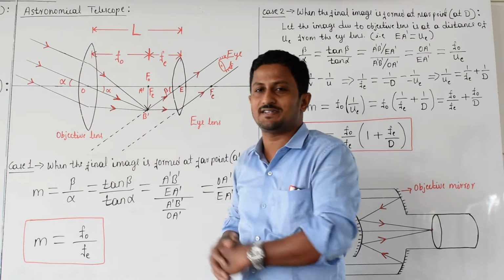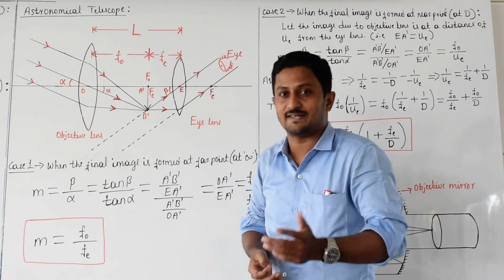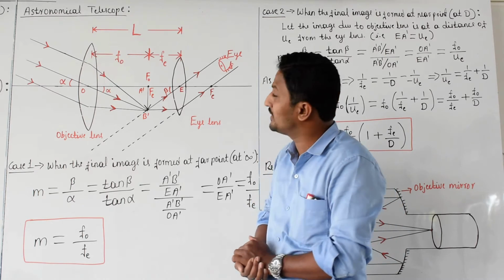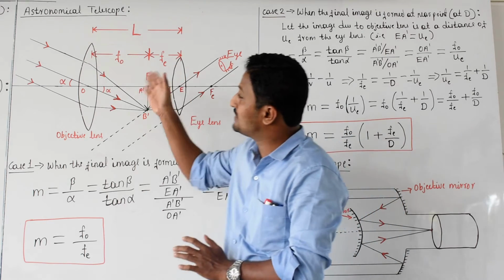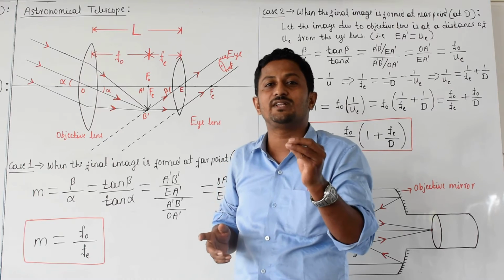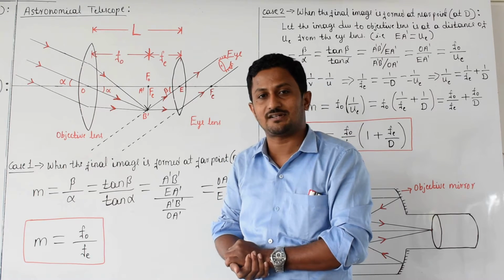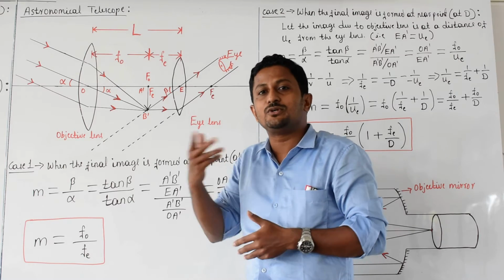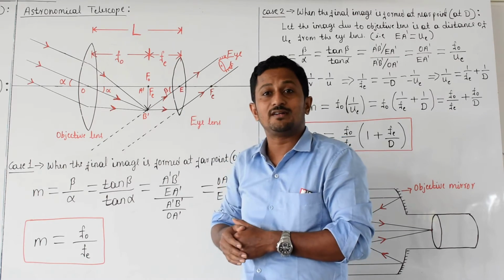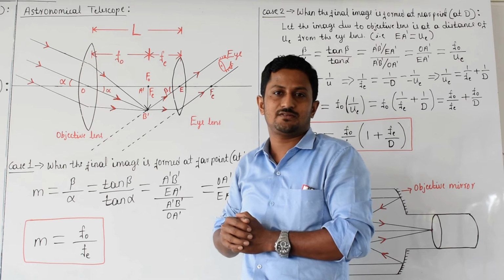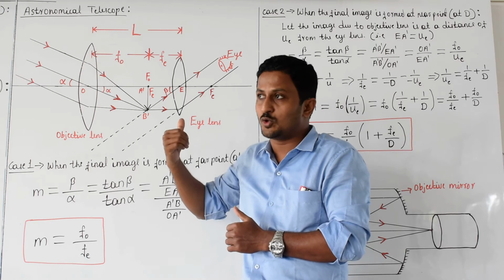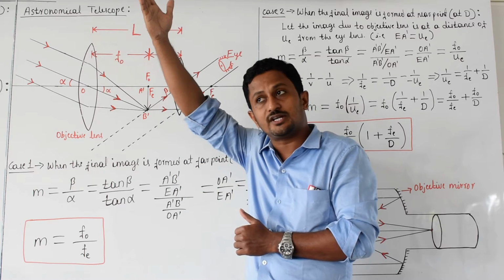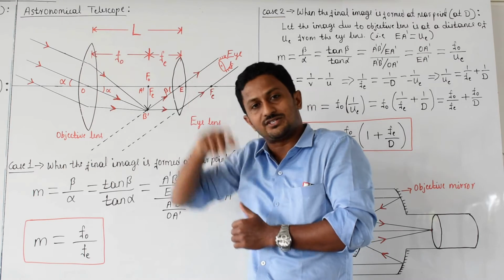But here in the telescope, the objective lens has a greater aperture. Why? Here we use the telescope to focus on a distant object, an object which is at a far distance.